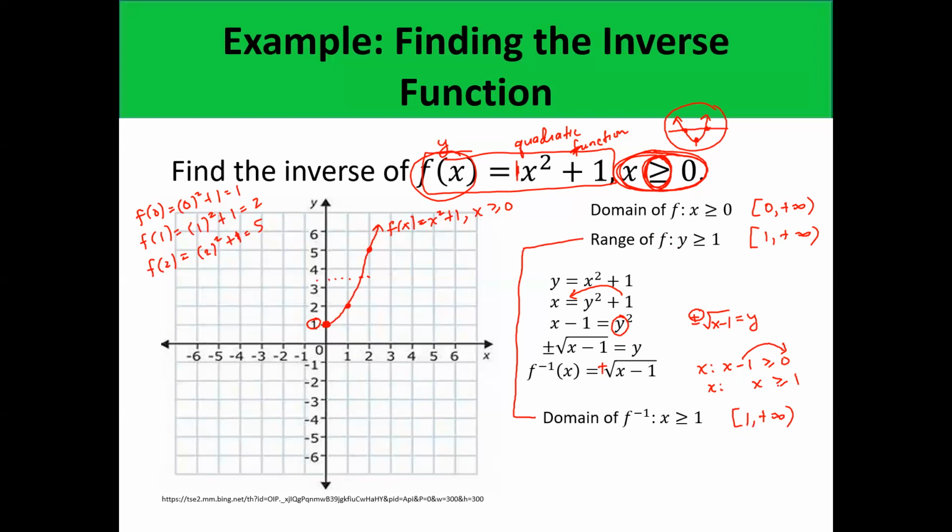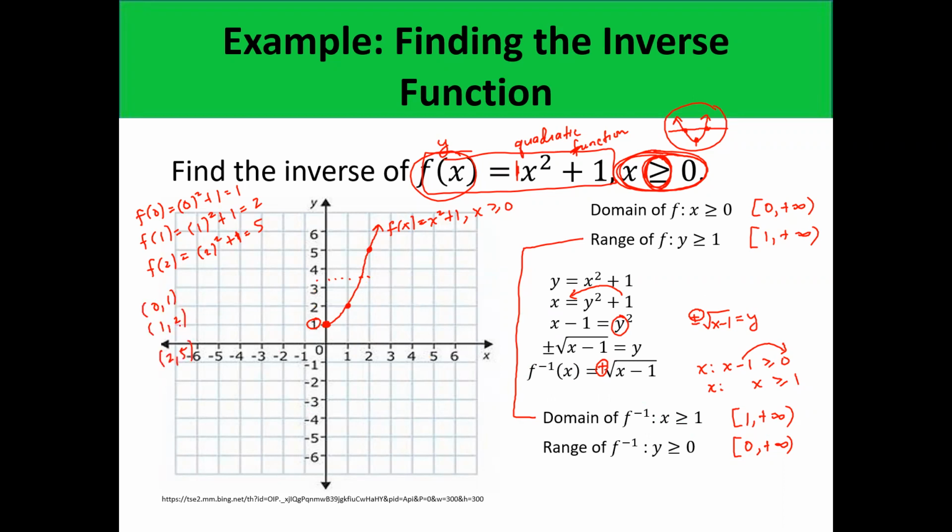And then its range, since this is the positive square root, then the range will be the set of all y such that y is greater than or equal to 0. And in interval notation, we write this as 0 comma positive infinity. Okay, so if we try to graph this f inverse of x on this Cartesian plane, if these are the points of our function earlier, 0 comma 1, 1 comma 2, 2 comma 5.